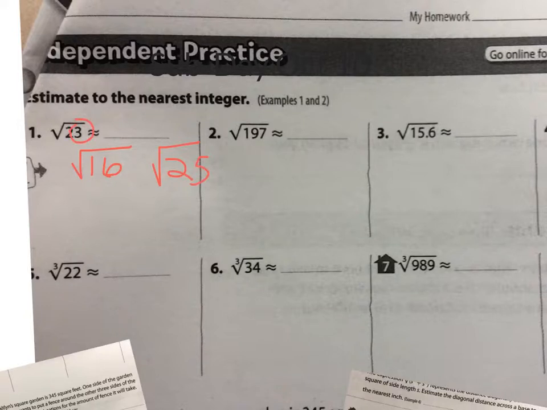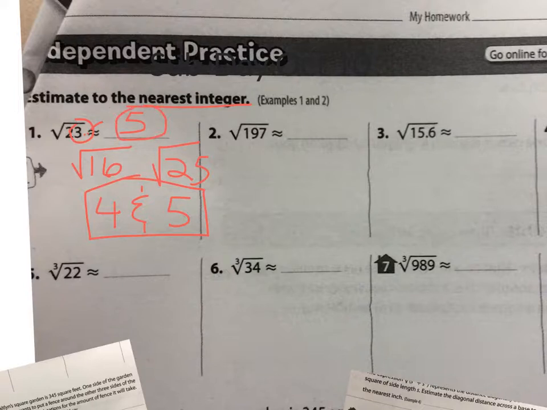So that means it's between 4 and 5, so it's 4 point something. I'm fine with you just telling me which integers it's between. Or if I'm finding the nearest integer, 23 is definitely closer to 25 than to 16, so the nearest integer would be 5.